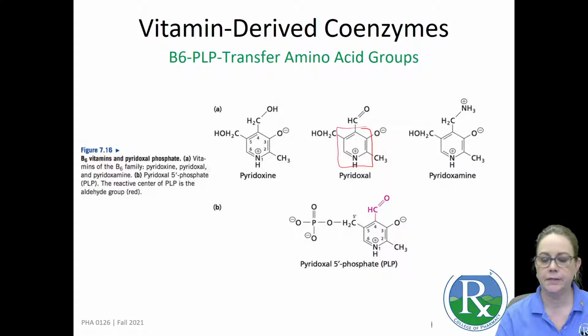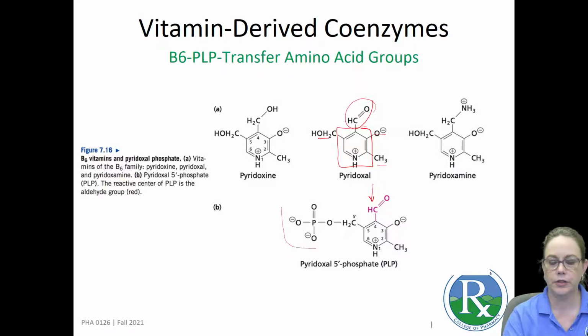Unlike the NAD and NADP, we have multiple substituents. For now, we're not going to be concerned with those. What we're focused on is having that pyridine ring with that aldehyde functionality at the 4 position. So it's highlighted here in the actual coenzyme form.